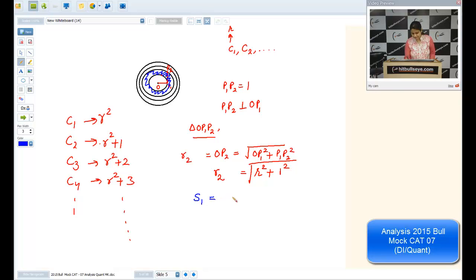What is S1? That is C2's area minus C1's area, nothing but the subtraction of two areas. So it will be pi(r square plus 1) minus pi r square. So in every case, we'll be left with pi. If I take any annulus, I'll get the same area. Pi will be the area always. So now you can take the subtraction part. Since all the areas are the same and the number of terms in every expression is the same, what is the answer to this question? It will be 0.